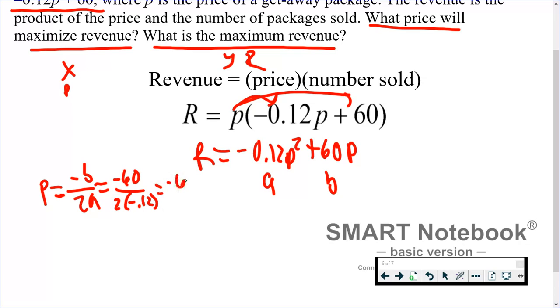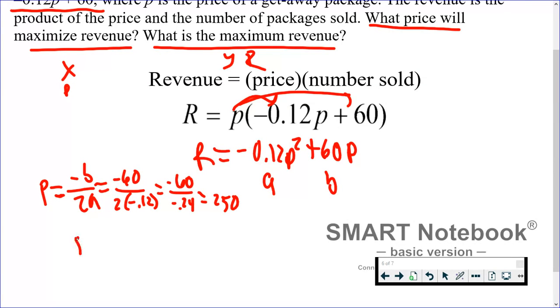So you end up with negative 60 over negative 24 hundredths. I'm just going to pull out my calculator and do that. Negative 60 divided by negative 24 hundredths, and you get 250. So the price that maximizes revenue is $250.